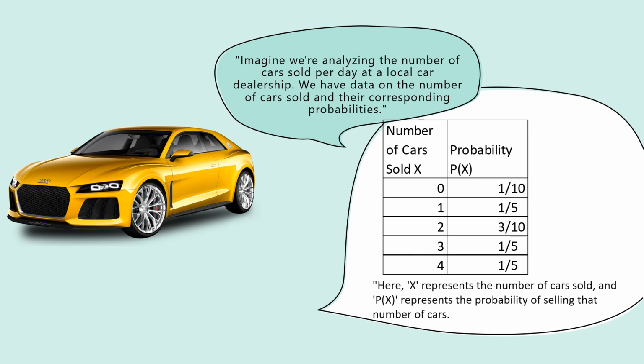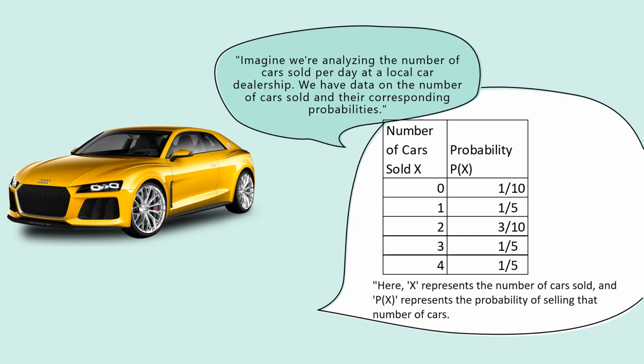For 0, we have 1 out of 10. For 1, 1 out of 5 or 2 out of 10. For 2 cars sold, 3 out of 10. For 3 cars sold, 2 out of 10 or 1/5. And for 4 cars sold, 2 out of 10 or 1/5.